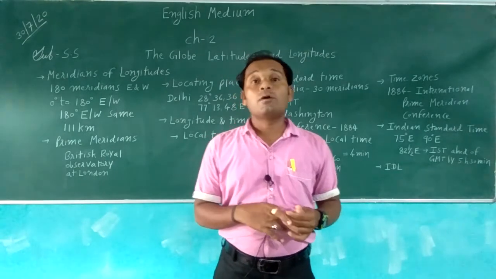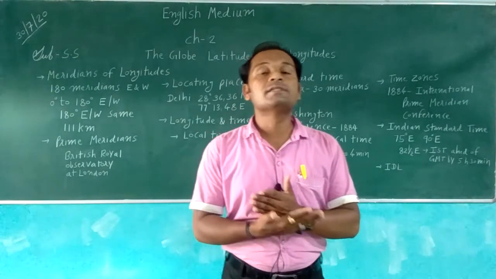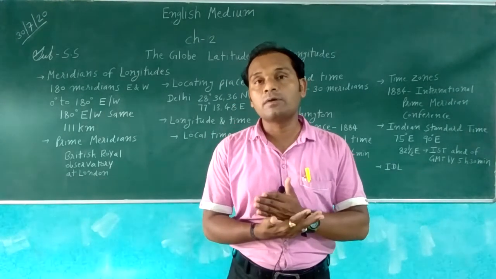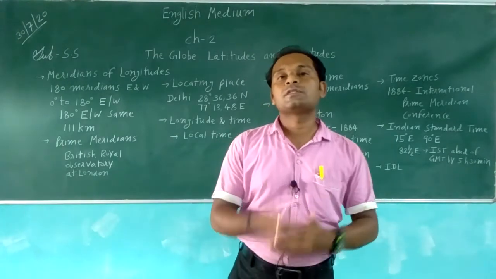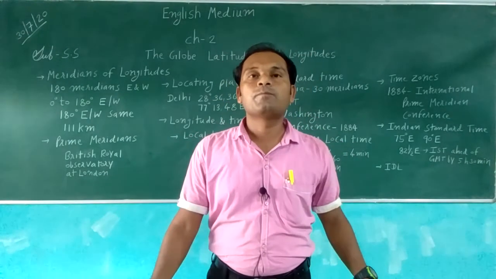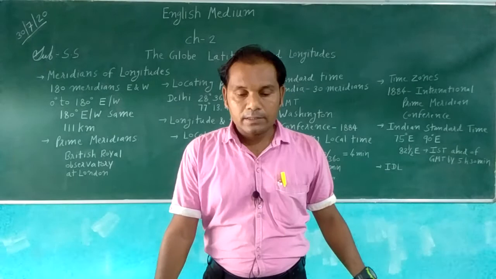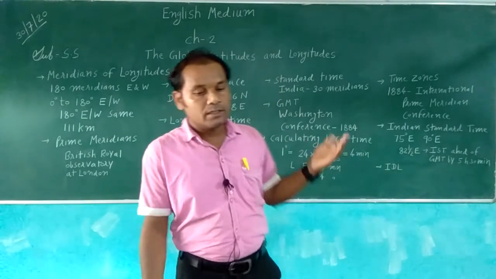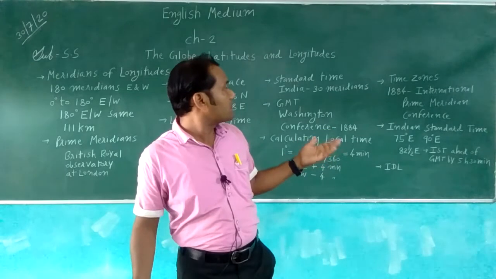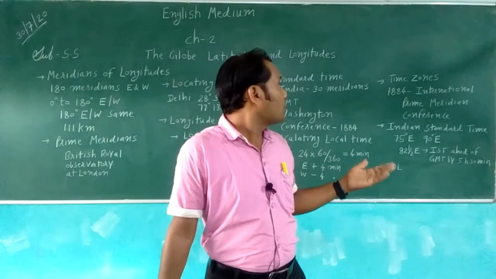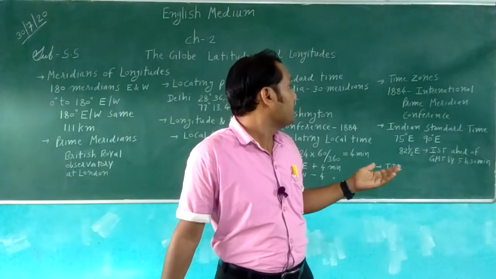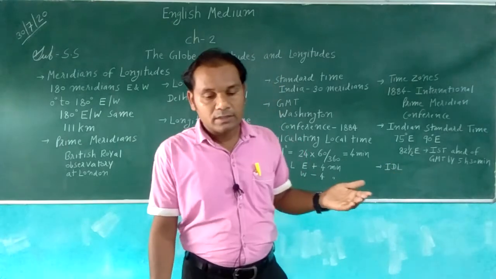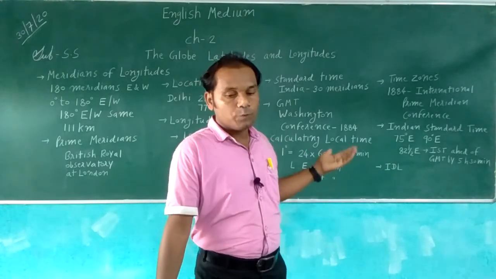So there was a problem for roadways, railways, and airways to set a timetable. To solve this problem, they needed to find proper time zones, and thus the International Prime Meridian Conference happened in 1884, where the proper time was decided.